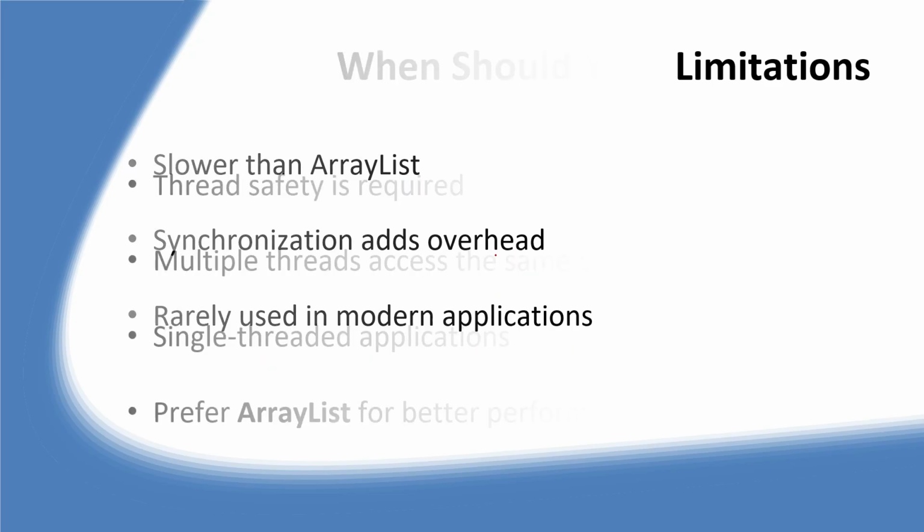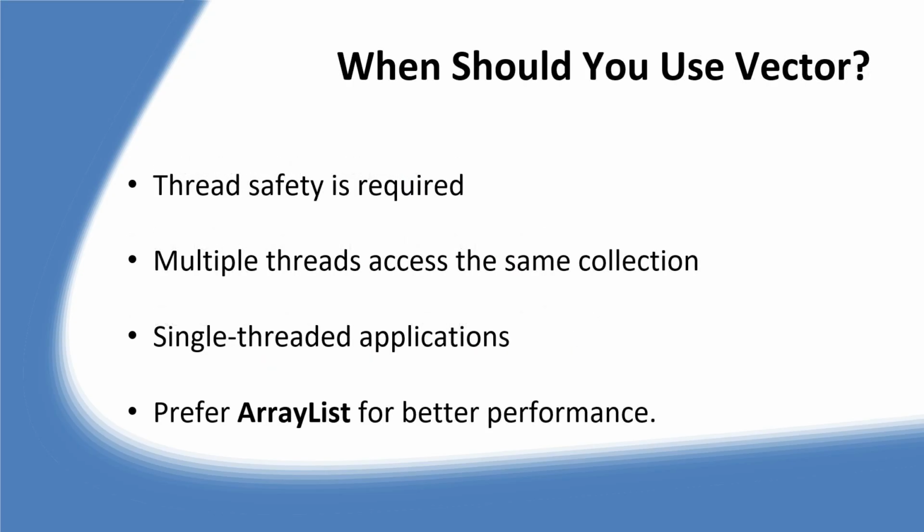When should you use Vector? Choose Vector when multiple threads need to access the same collection and thread safety is important. In such scenarios we should use Vector. For single-threaded applications, ArrayList is generally the better choice.